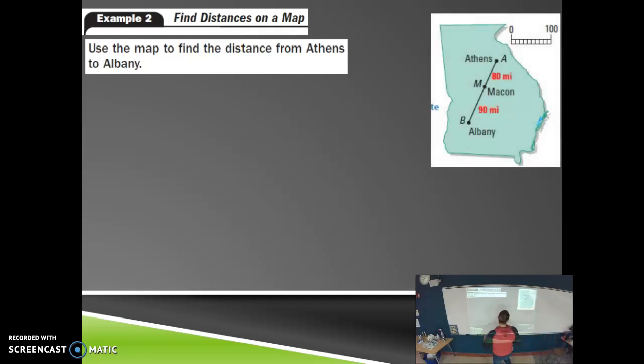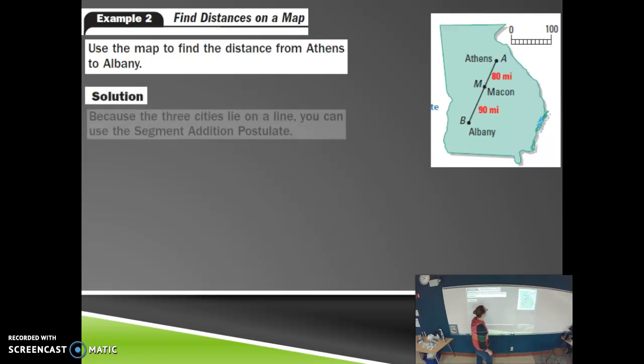If we are going from Athens to Albany, and you can see this on your screen, Athens to Macon, maybe, I don't actually know what that is, but Athens to Macon, or A to M, is 80 miles. Macon to Albany is 90 miles.